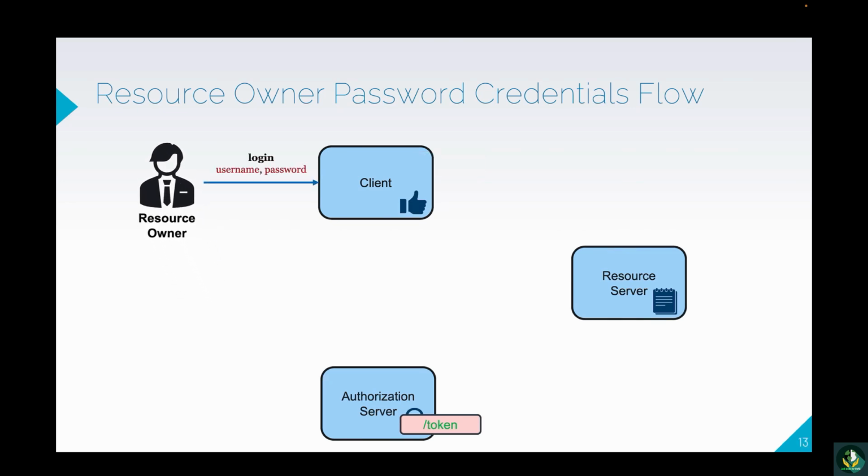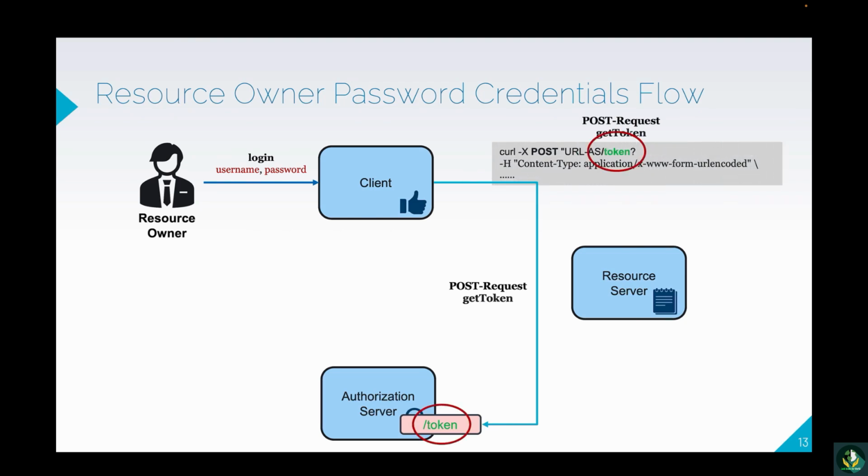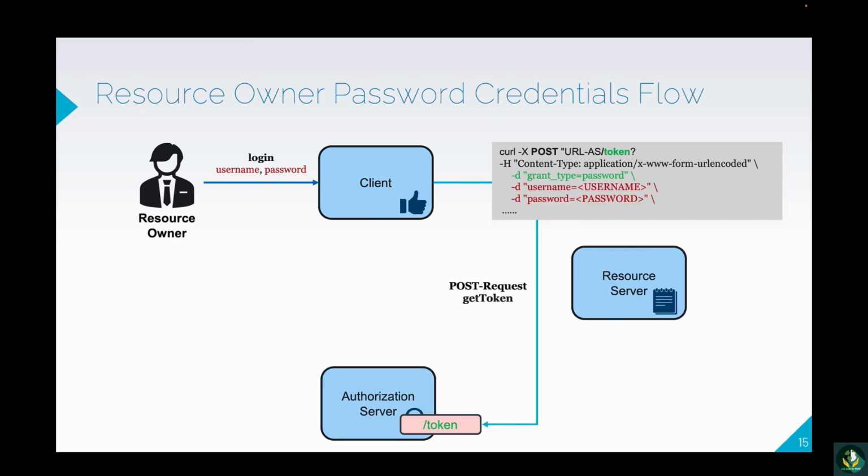The user initiates the flow by entering their credentials directly into the client. The client then sends a POST request to the token endpoint to obtain an OAuth 2 access token. Here's a look at the typical curl command for this flow. In the request body, the client provides grant type equals password, indicating the resource owner password credentials flow is being used, the username and password of the resource owner, the client ID and the client secret, optionally OAuth 2 scopes.